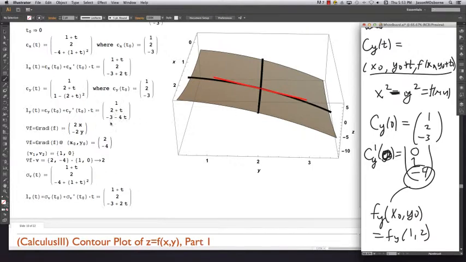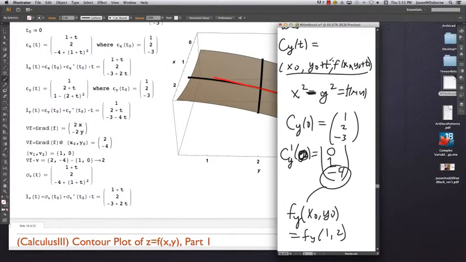So the partial derivative is giving you one of the numbers out of the 6 that make up this tangent line.